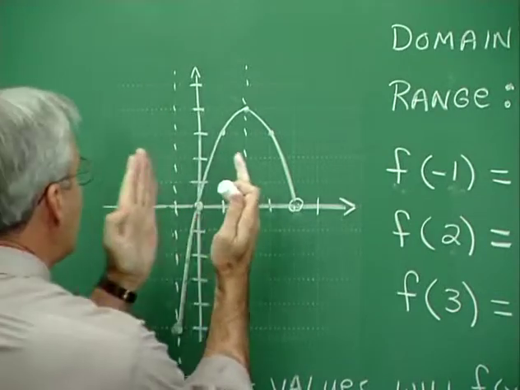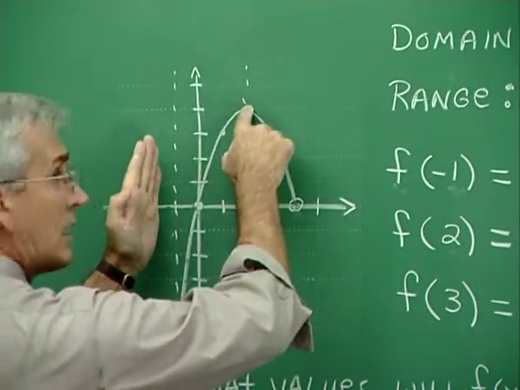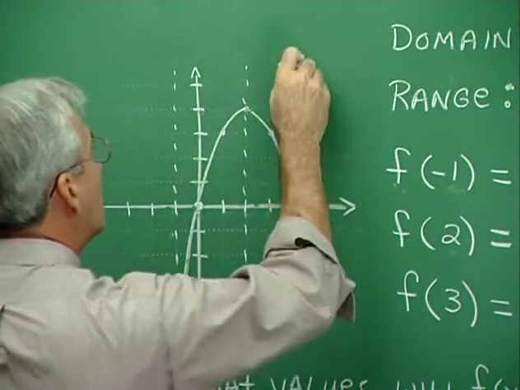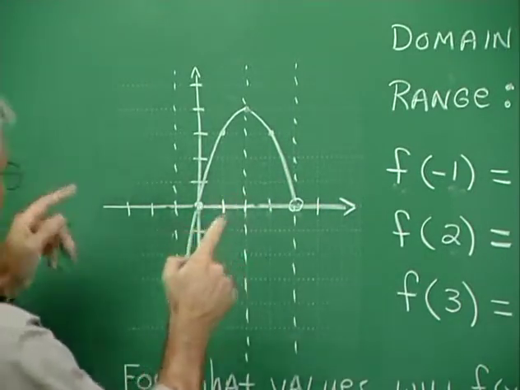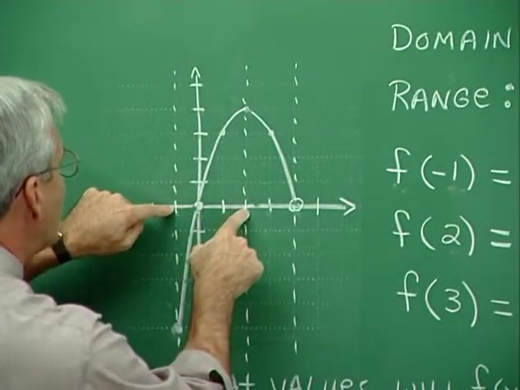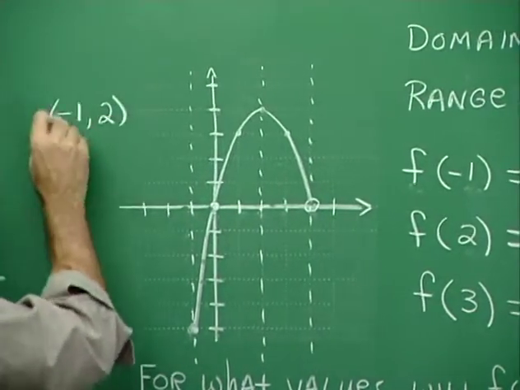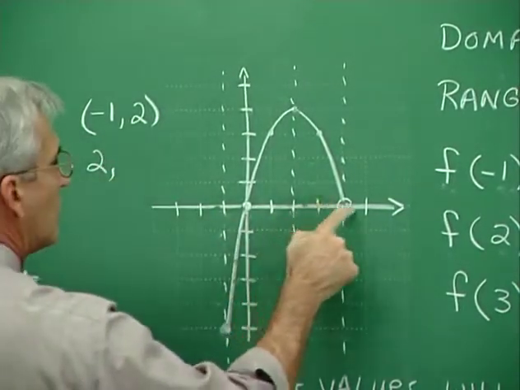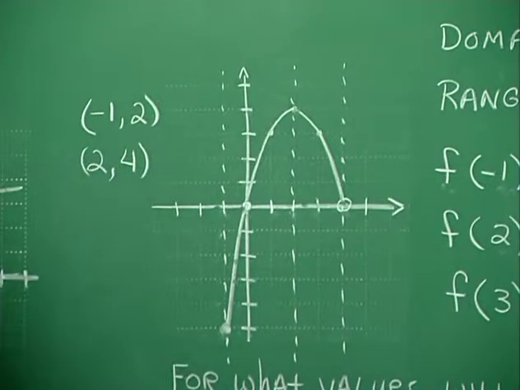So within this interval on the x-axis, the graph is increasing. And within this interval, it is decreasing. So from -1 to 2, it is increasing. And from 2 to 4, it is decreasing.